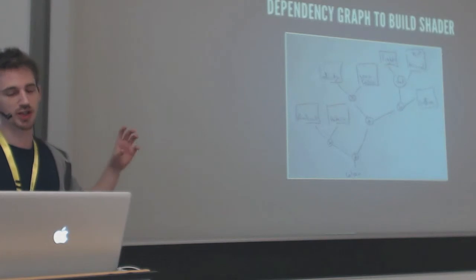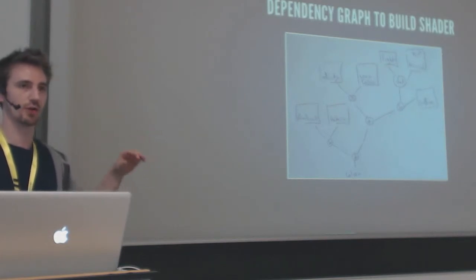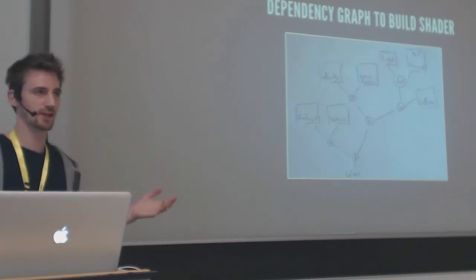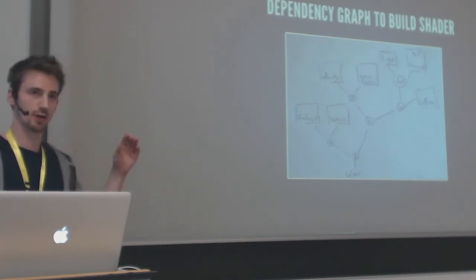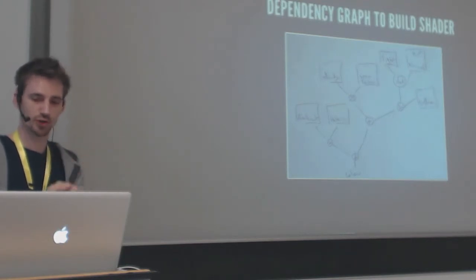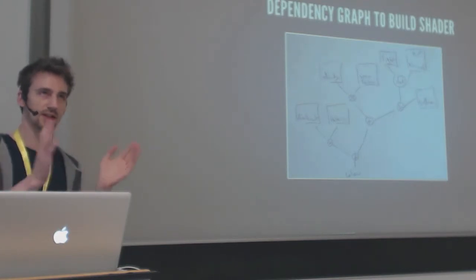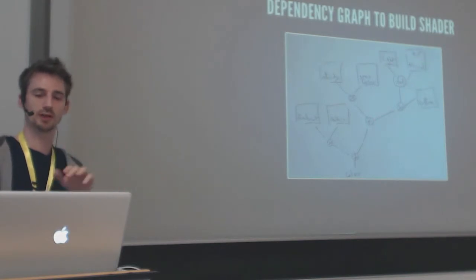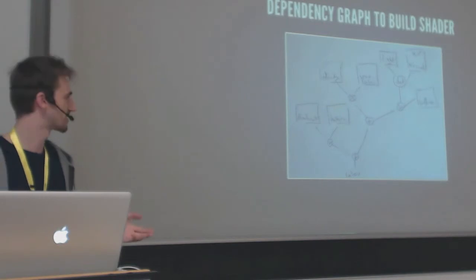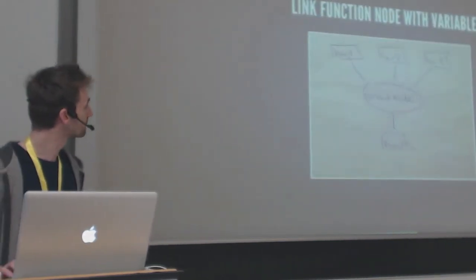It will generate the header of the shader, enumerating each variable, whether it's a uniform or something else. And after, we generate the string using the function nodes and link it with the variables that are listed in the function node. I will show a real example after because it's easier to watch.